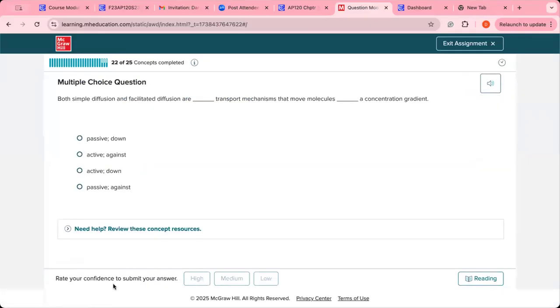Both simple diffusion and facilitated diffusion are passive transport mechanisms that move molecules down a concentration gradient. Simple diffusion is passive, facilitated diffusion is passive. So they're both passive and they move it down a gradient. So the first question, the first answer there.